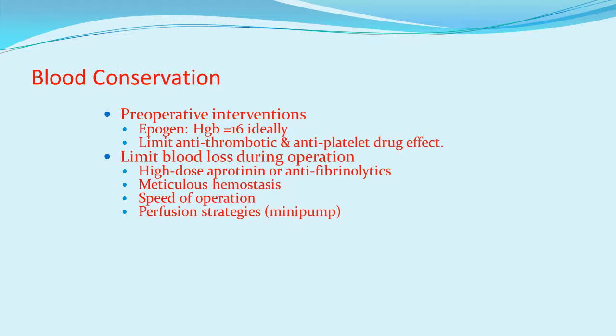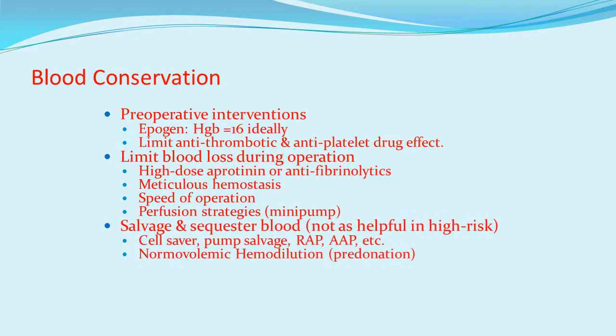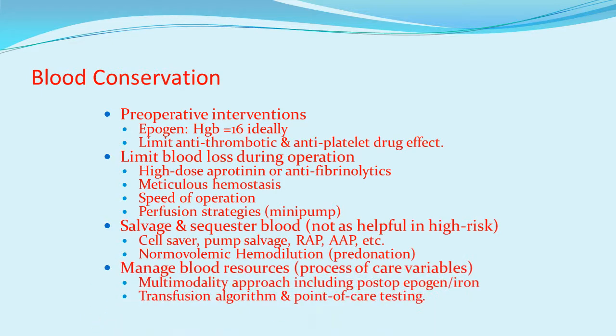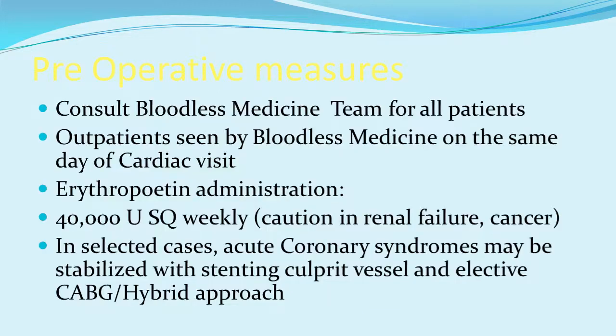To reduce blood loss during operation: high dose aprotinin, antifibrinolytics, meticulous hemostasis, speed of operation, perfusion strategies, mini pump, salvage of shed blood, cell saver, pump salvage, normovolemic hemodilution, and pre-donation. Manage blood resources, process of care variables, and a multimodality approach including post-op epogen, iron, transfusion algorithms, and point of care testing.